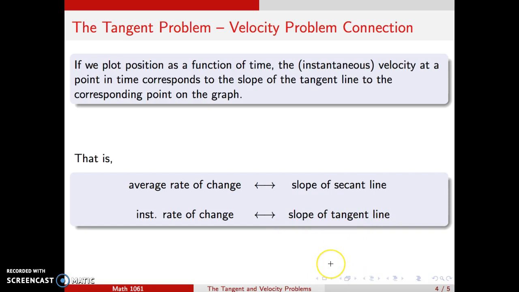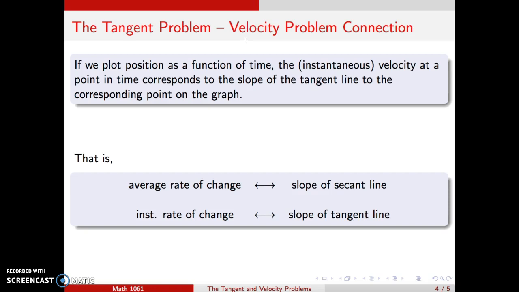The velocity problem is a rate of change of position, but you can have any quantity and you can look at how it's changing. So it doesn't have to be velocity. It could be the volume of something changing with respect to time, or the surface area of an object with respect to the change in the height of some measurement.